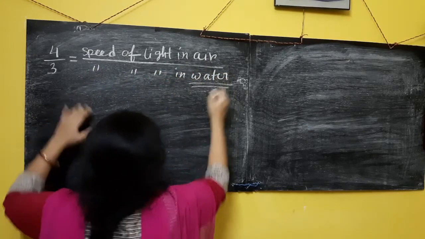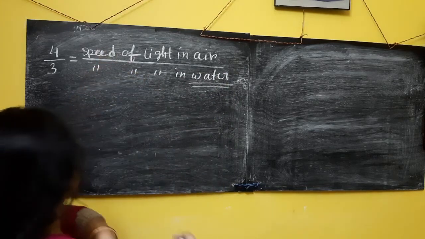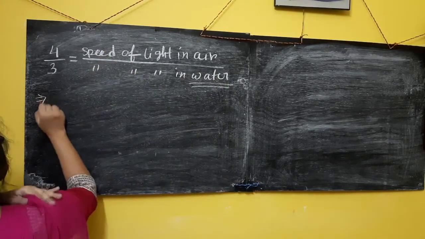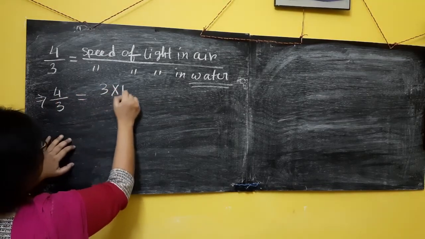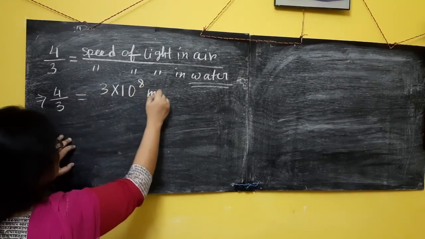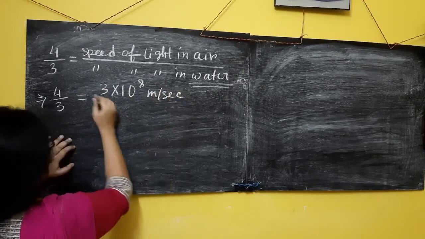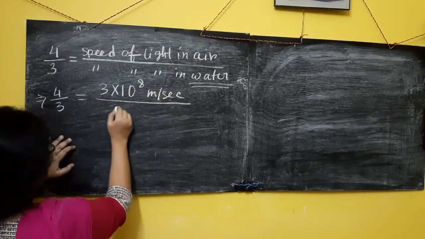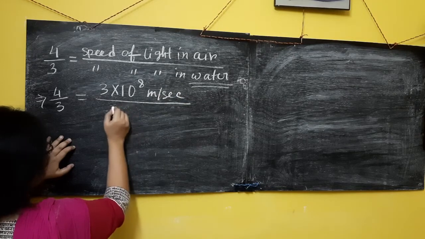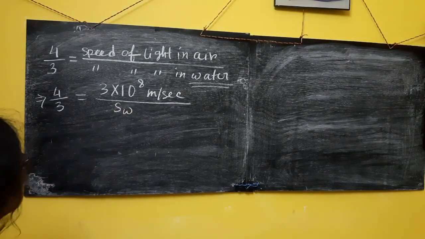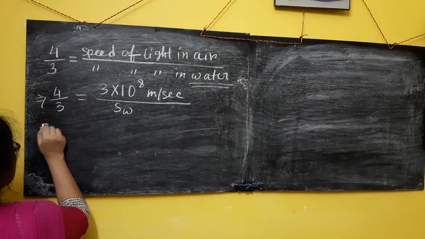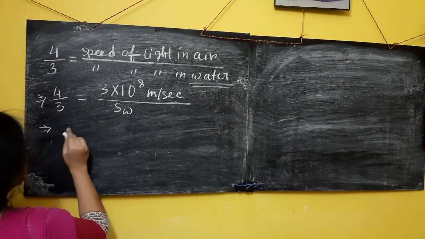In the question, this I need to find out. This is given, so 4 by 3 equals 3 into 10 to the power 8 meter per second, which is given already, divided by the speed of light in water, I am writing SW. So what will be SW? This 3 will be multiplied here.